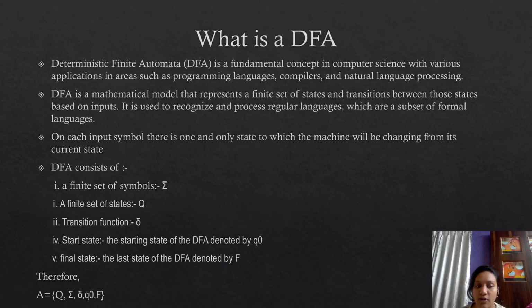Then we have a finite set of states that is denoted by capital Q, and a transition function, a start state, which is the starting state of a DFA denoted by Q naught, and the final state, which is the last state where the whole DFA ends, which is denoted by the capital letter F. And therefore, we can write it as A is equal to Q, comma, sigma, comma, transition function, comma, Q naught, comma, F. This is about DFA.